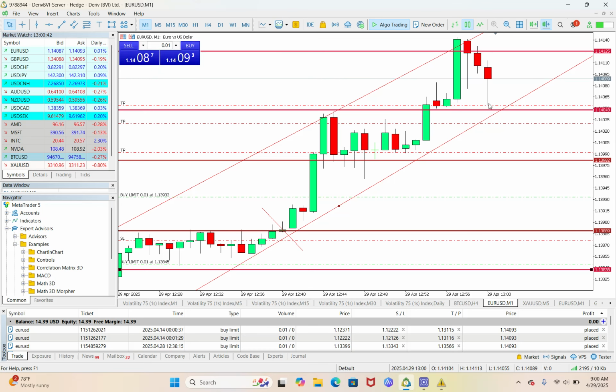But with this strategy, it will protect you against unnecessary losses. When you click buy, you don't know if there's profit to the upside or if there is resistance to the upside, which is going to turn the market around, right? So you're going to just jump and click buy without knowing if there's profit to the upside or downside. So this strategy prevents you from unnecessary loss as well, right?